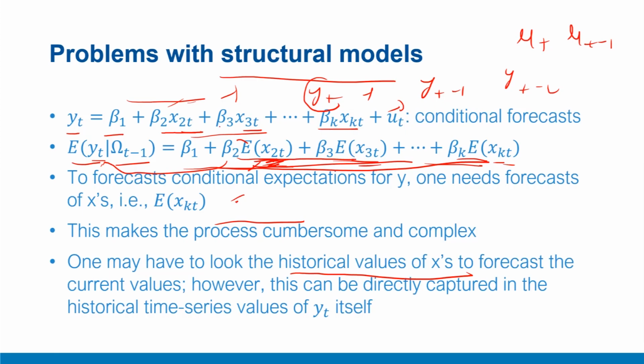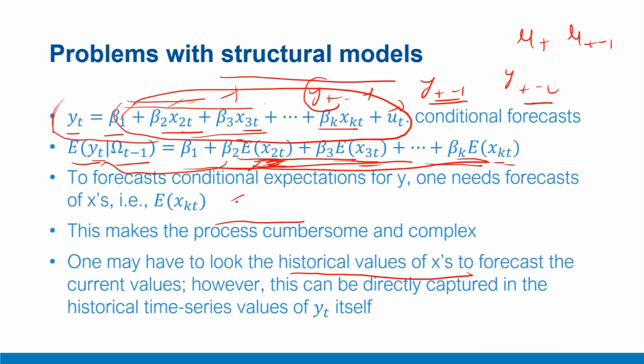The idea here is that this structural relationship, or any other kind of structural relationship, will remain valid, and therefore this relationship will also remain valid historically. That means for yt minus 1 and yt minus 2, and therefore when we are modeling yt with yt minus 1, yt minus 2 and so on, essentially we are factoring in these relationships that have appeared, capturing their information historically.